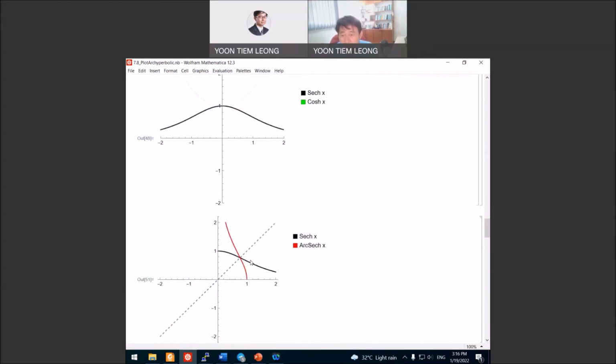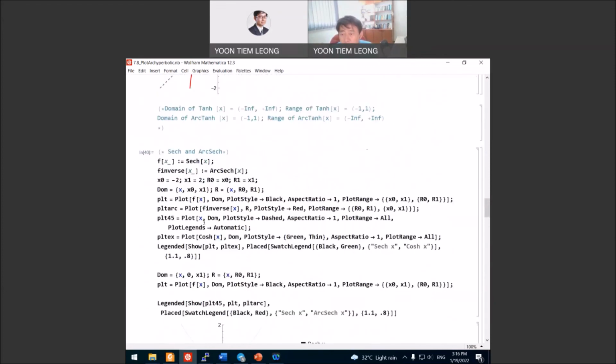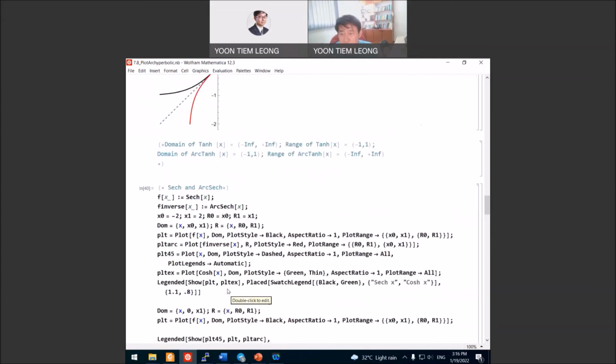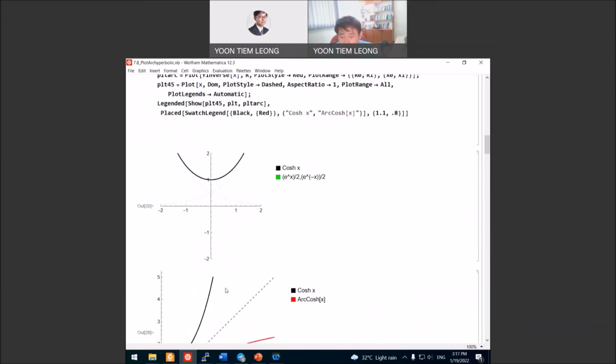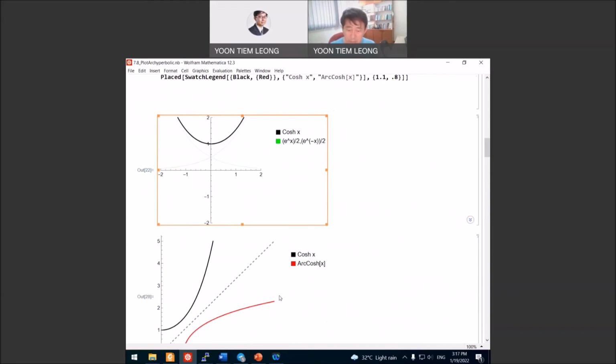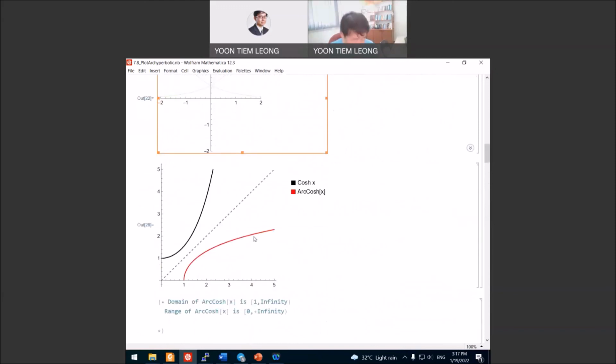But you need to restrict the domain of the hyperbolic secant function to only positive in order to obtain a one-one function to define the inverse for hyperbolic secant. And so it is for the hyperbolic cosine.